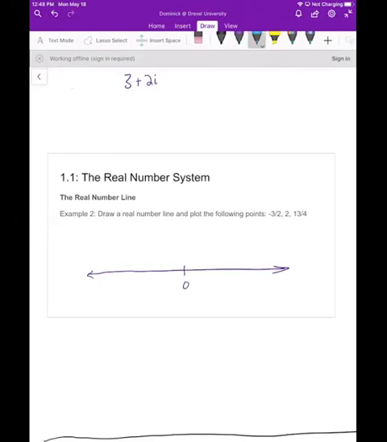And of course, to the right, you have positive numbers, and to the left, you have negative numbers. And the further away you get from 0, the more positive or more negative your numbers are going to become, all right?